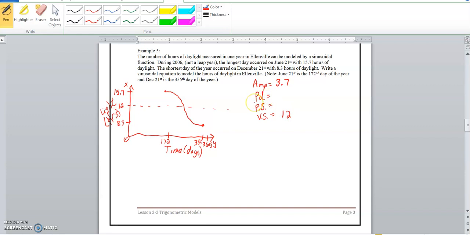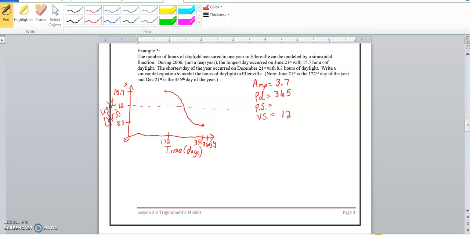The period is how long does this process repeat, or like how long does it take? Well, hopefully you've figured this out, but the period of this equation is 365 because there's that many days in a year, and then as we repeat year to year, we get the same information or the same number of hours.